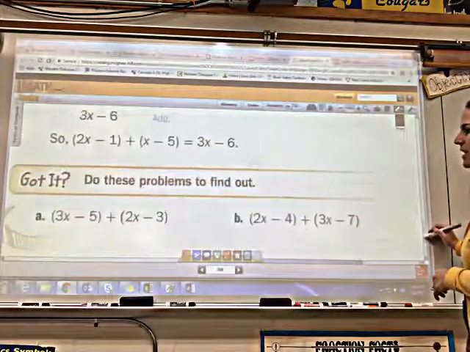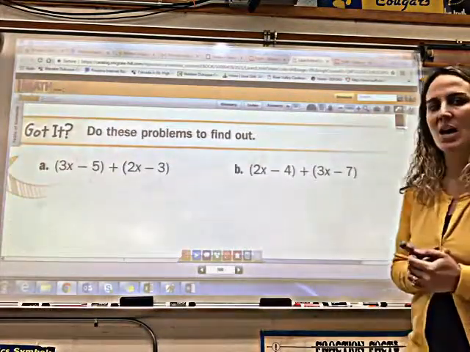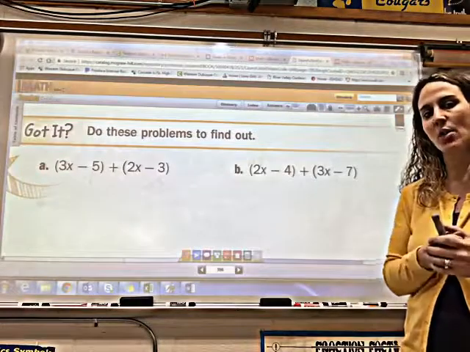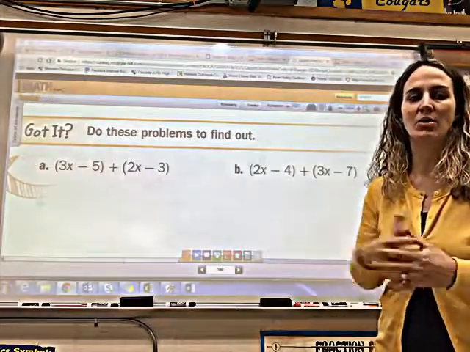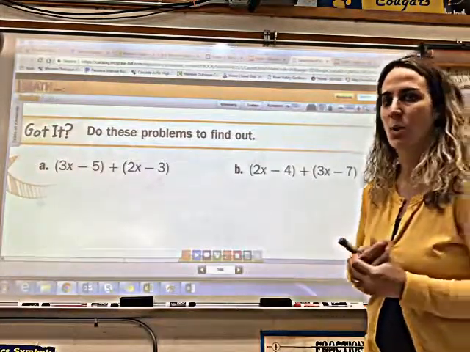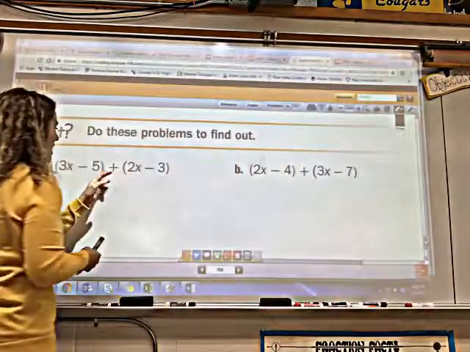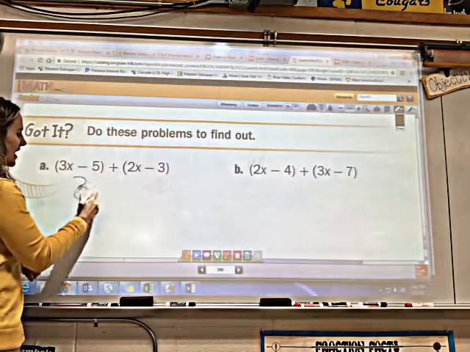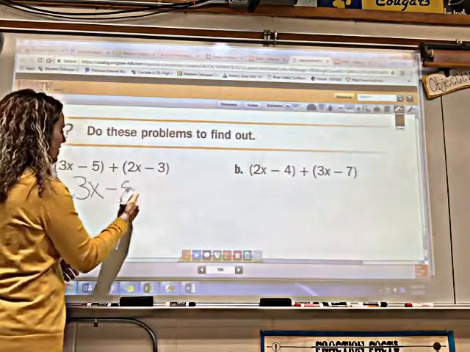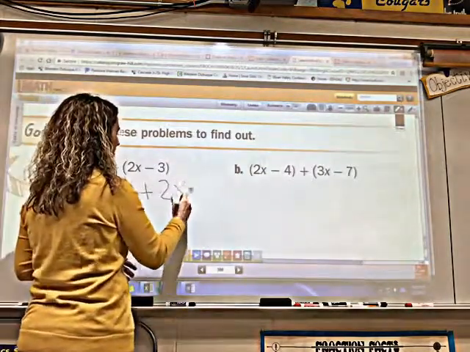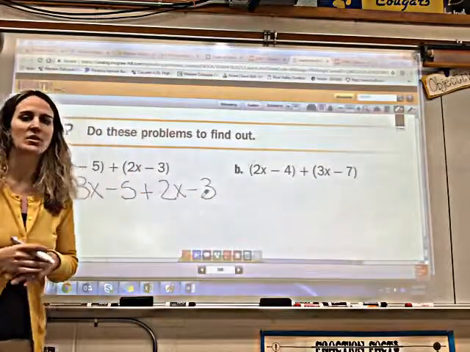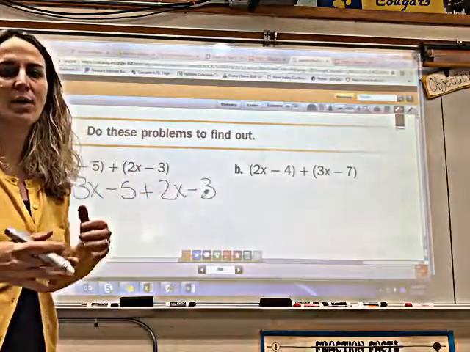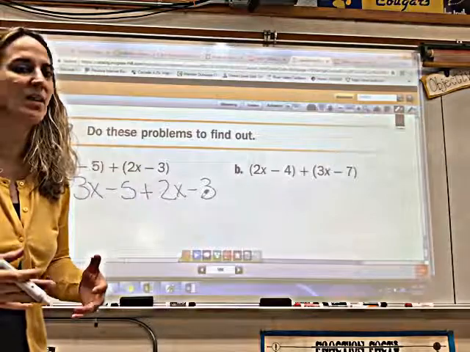They give us a couple practice problems on the bottom of page 396 that we're going to take a look at, and then I'm going to redirect you to a worksheet where we're going to look at some other ones. When I take a look at this, technically this problem is saying the same as 3x minus 5 plus 2x minus 3. This goes back to our last lesson where we were putting them in simplest form and combining like terms.